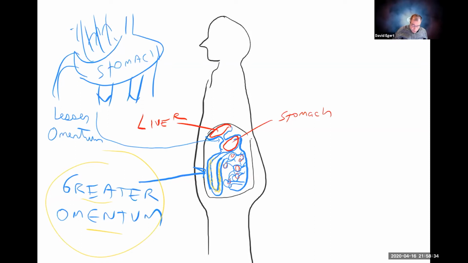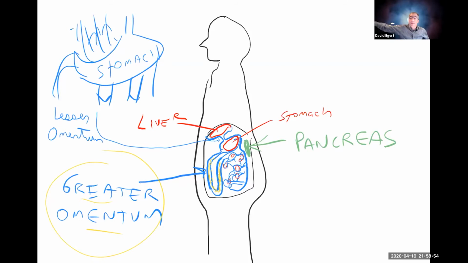However, there are also organs behind the peritoneum. Like for instance, the pancreas. The pancreas is right behind the stomach. But if you lift up the stomach, you don't actually see it.